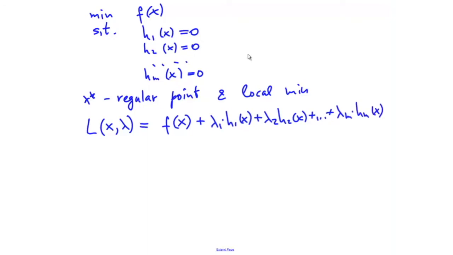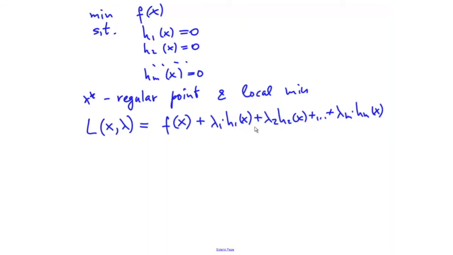Okay, so we see that if either a multiplier or the corresponding hi of x is equal to 0, then this term, lambda i times hi of x, doesn't change the objective, right? And let's say if all of these were equal to 0, then we would just have f of x.